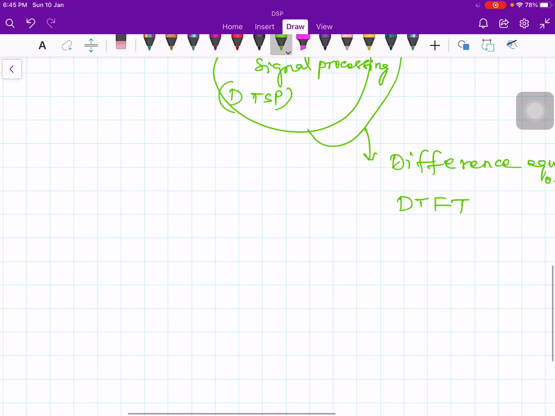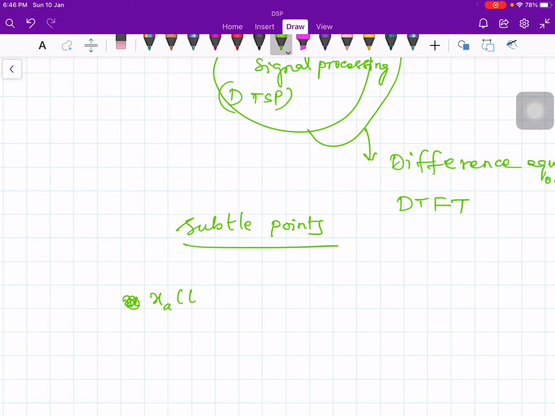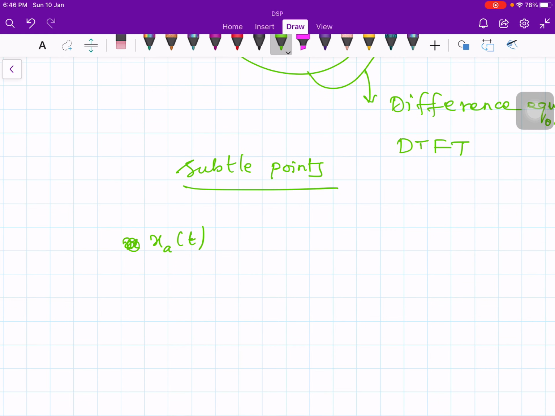Let me write down one more very important, subtle point we need to understand. Subtle points. You have xa of t. Here time is continuous and amplitude also continuous.